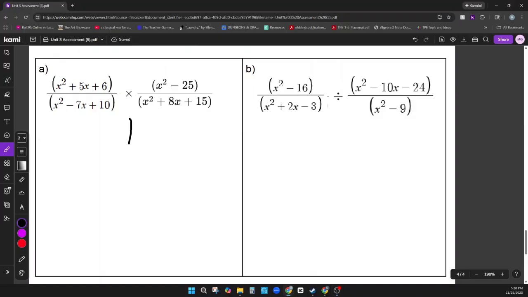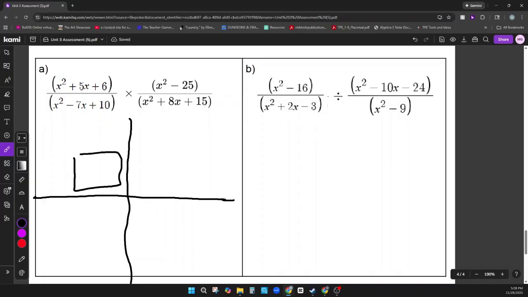So let's go ahead and see if we could box this off, make this a little clearer and cleaner for us. So this is going to give me my box of x squared and 6. And I want my values to add up to be 5. Well, I know 2 and 3 add up to 5, multiply to 6.